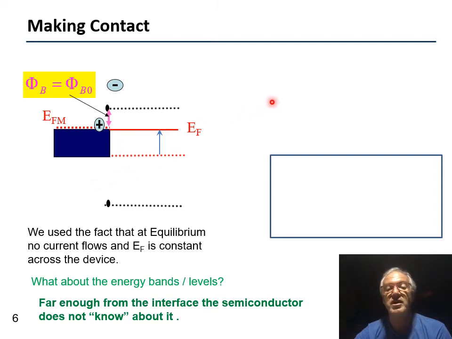But if you go far enough, all the interference will decay, and far enough from the interface, the semiconductor doesn't really know that there was a metal on the other side.